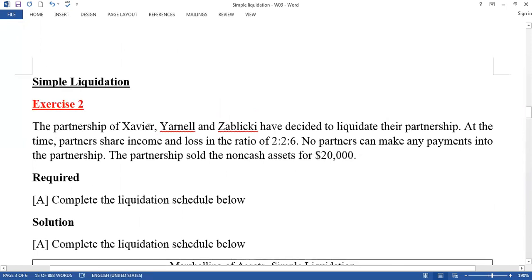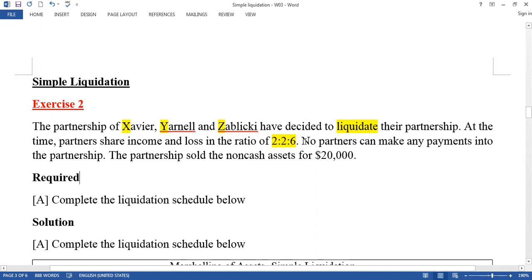So the partnership are X, Y, and Z. They decided to liquidate their business. So we know X, Y, and Z are the partners. They're going to liquidate today, and this is their income and loss sharing ratio.